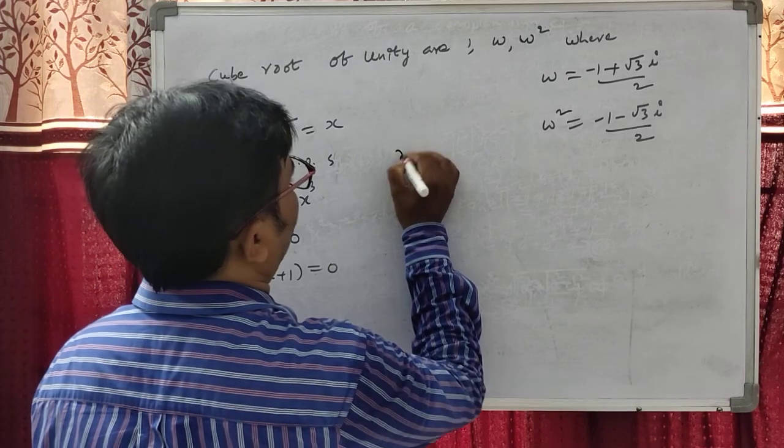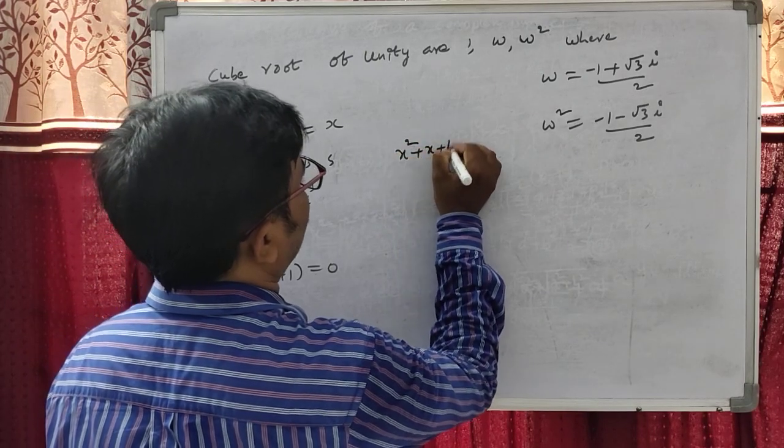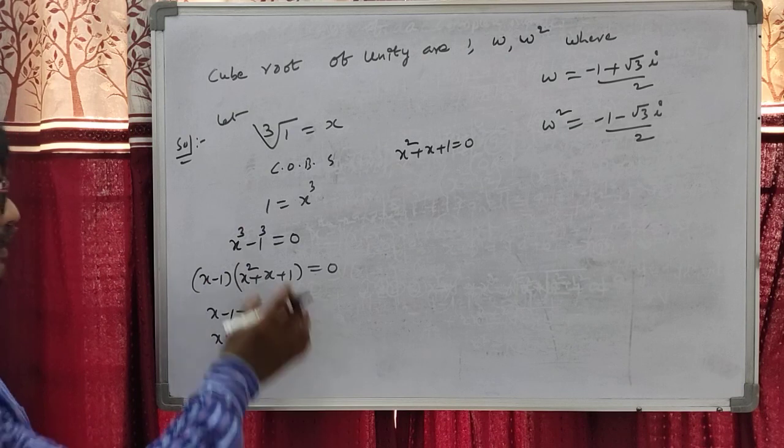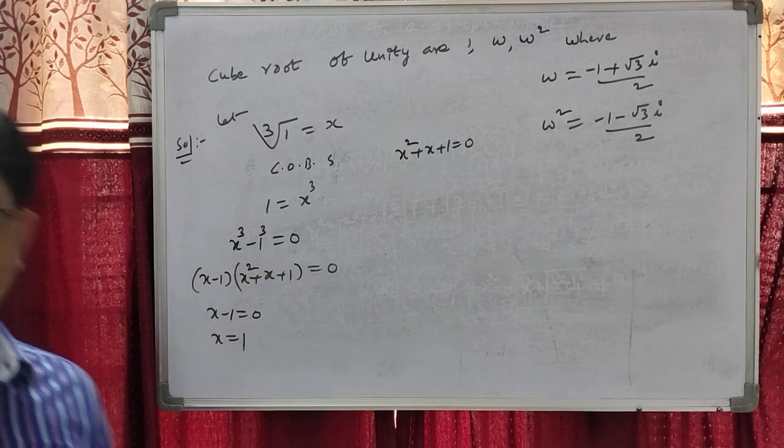After that, students, x squared plus x plus 1 equals 0.